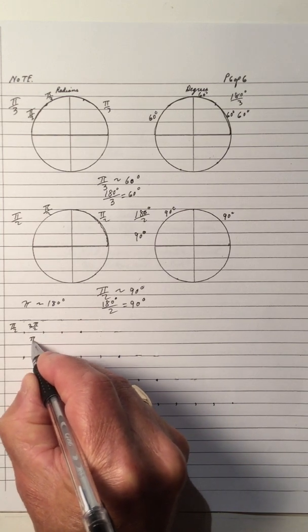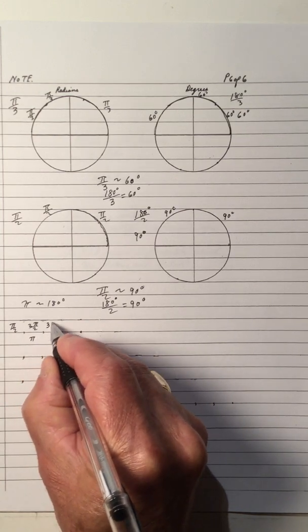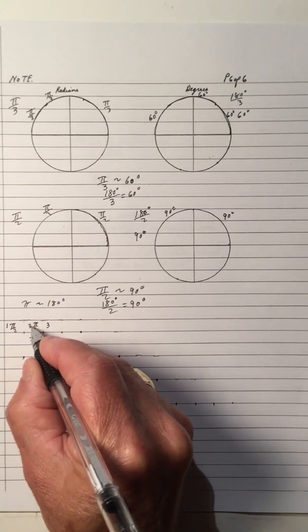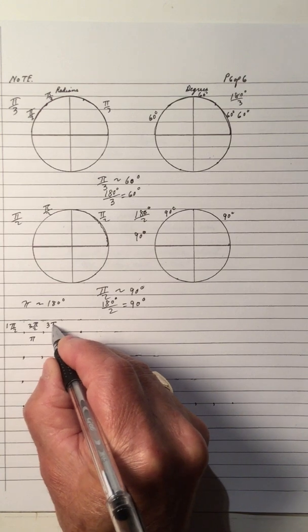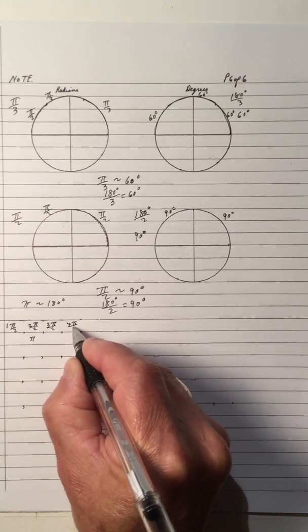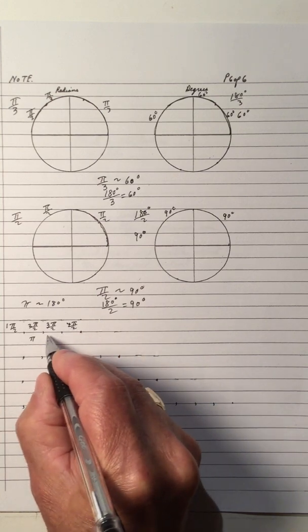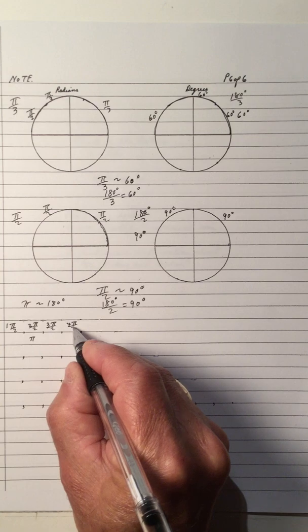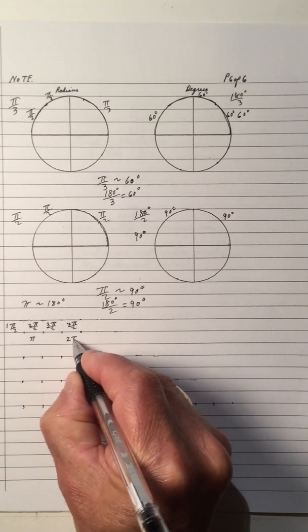That gives you pi, which is 180. Now, notice this is 1 pi over 2. This is 2 pi over 2. This is 3 pi over 2. And this is 4 pi over 2. 3 pi over 2 can't simplify. 4 pi over 2 becomes 2 pi.